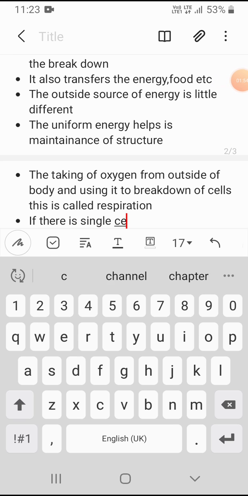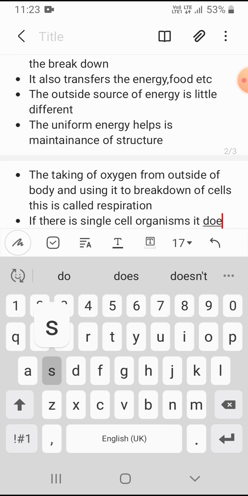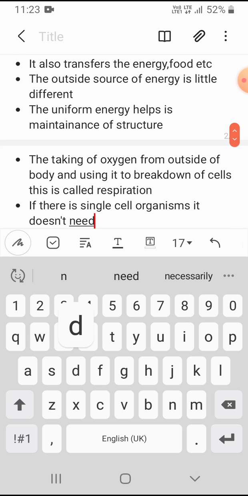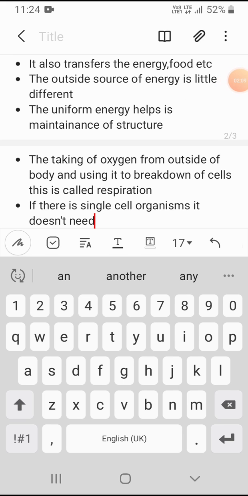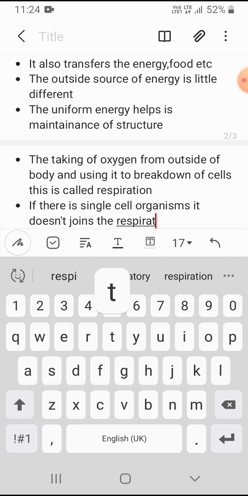If there is a single-celled organism, it does not need any help for respiration and food supply.